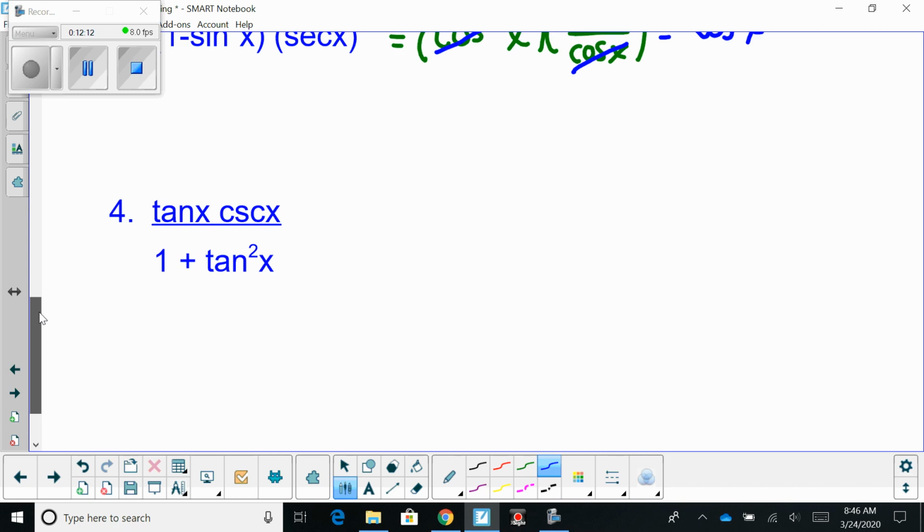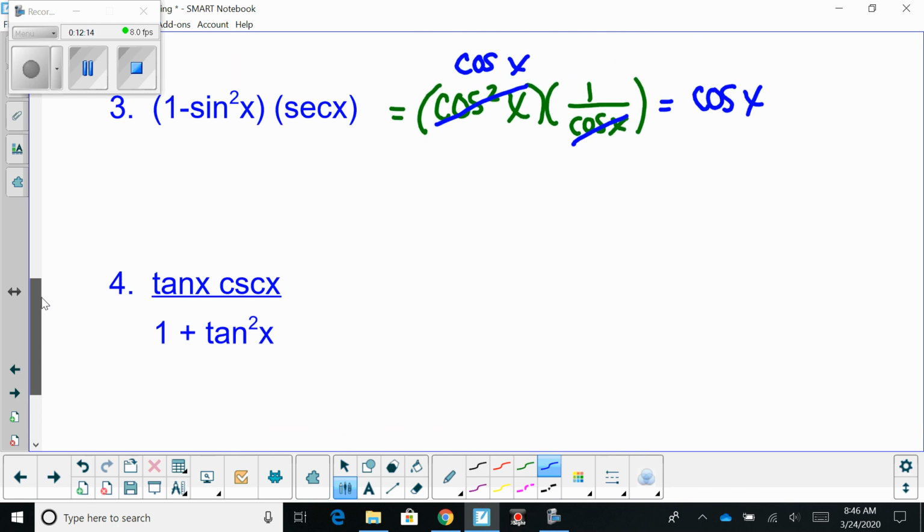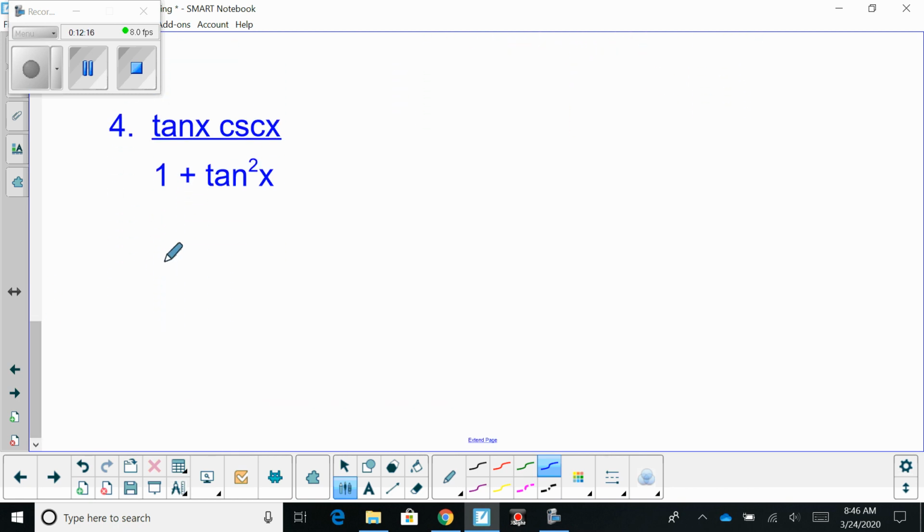This last one, number 4. In the numerator, it looks like I need to switch to sines and cosines. So I'm going to rewrite tangent as sine x over cosine x, and rewrite cosecant x as 1 over sine x.